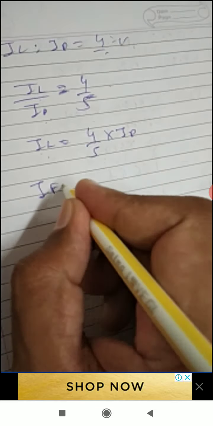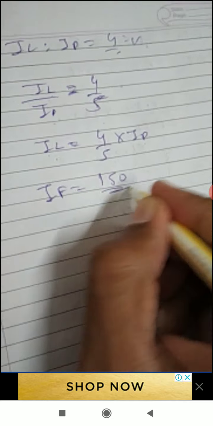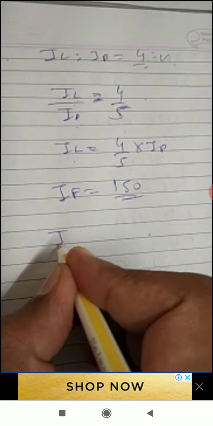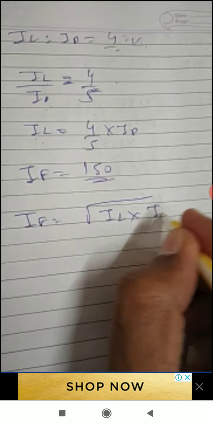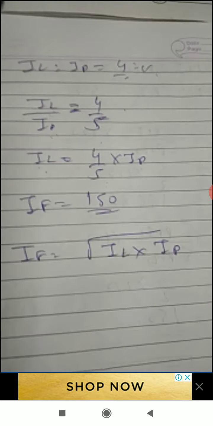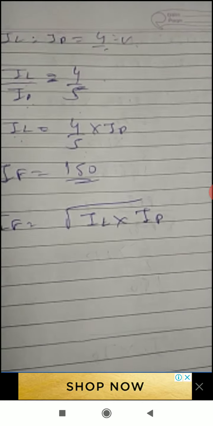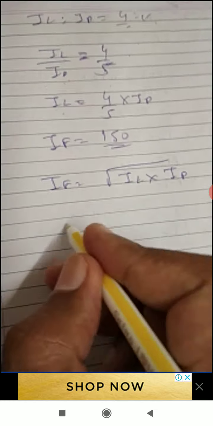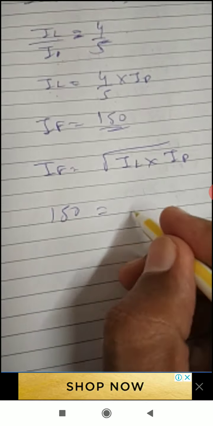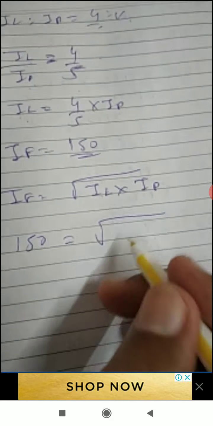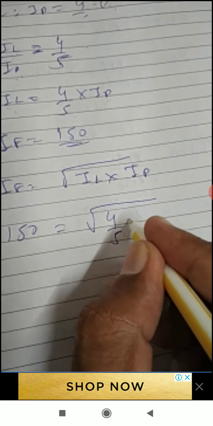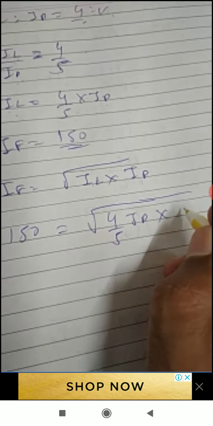Now the IF value, 150, is given in your question. Just find the value of IP. IF equals under root IL multiplied by IP. This is the formula of Fisher's index number. So 150 equals under root of IL, which is 4/5 IP, multiplied by IP.